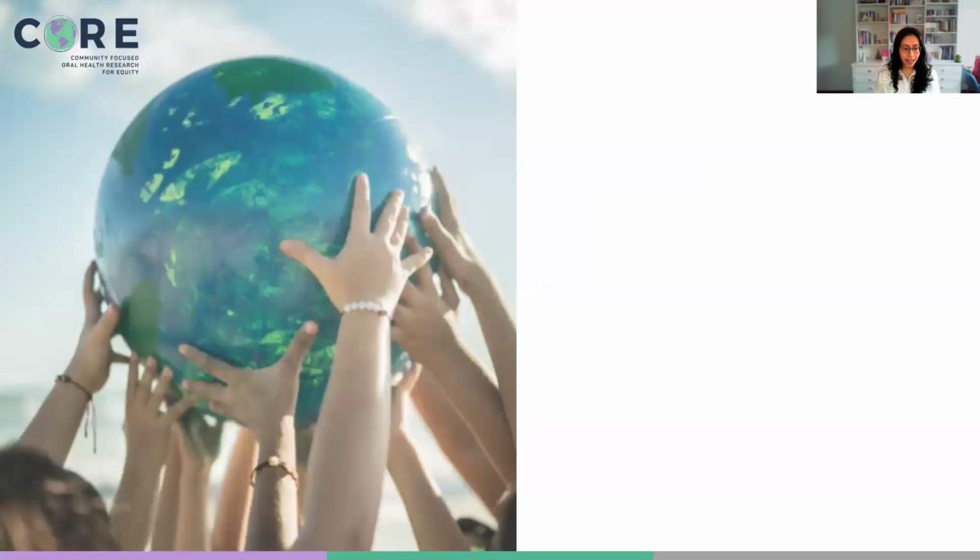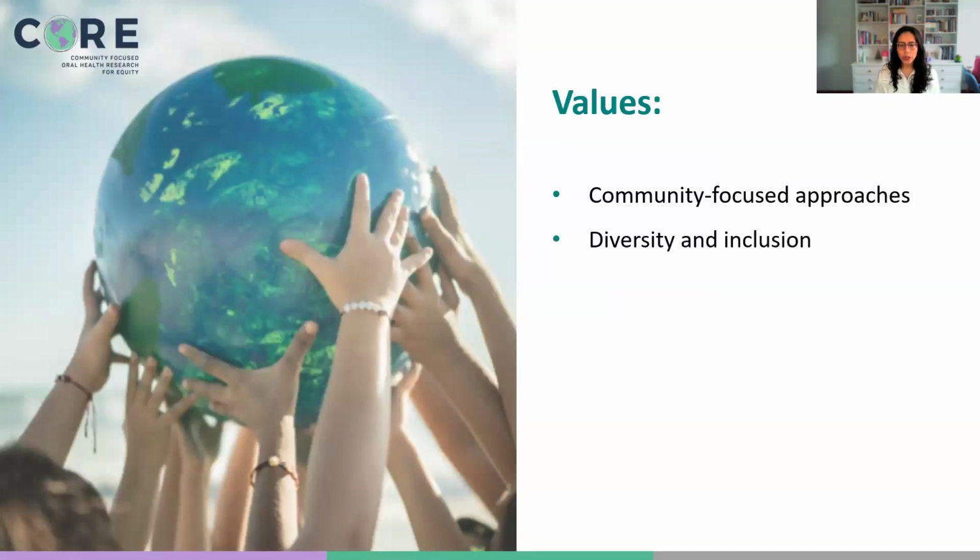Now, in terms of our values, we think that innovative community-based approaches are needed to challenge the status quo and dominant Western narratives and approaches.